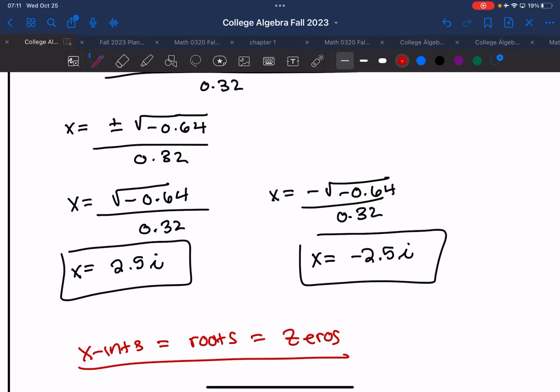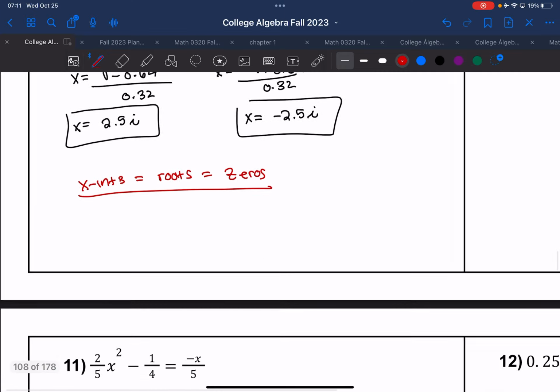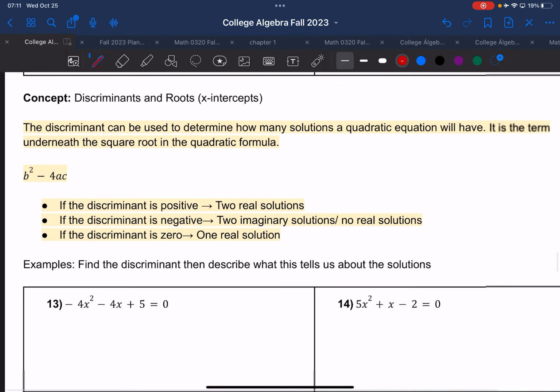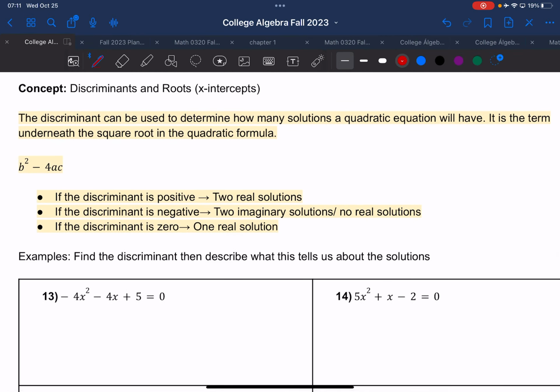The last part of these notes are going over the discriminant. The discriminant can be used to determine how many solutions a quadratic equation will have. The discriminant is the term under the square root.